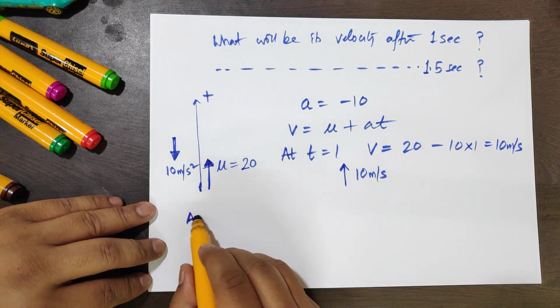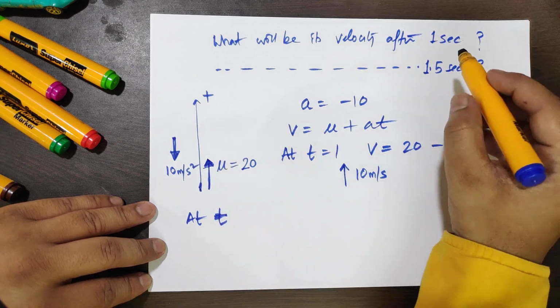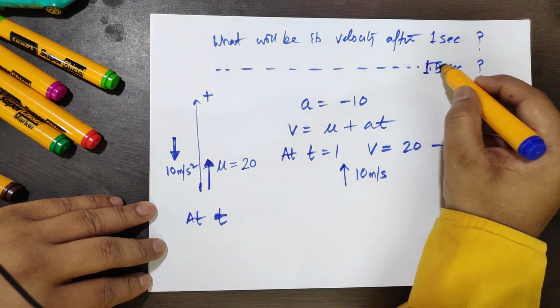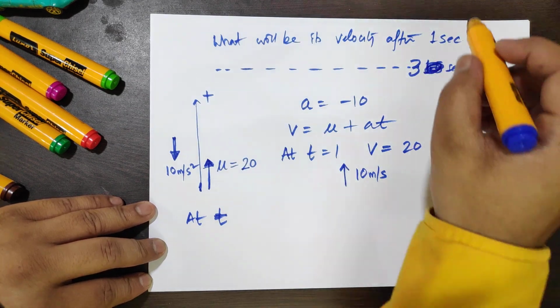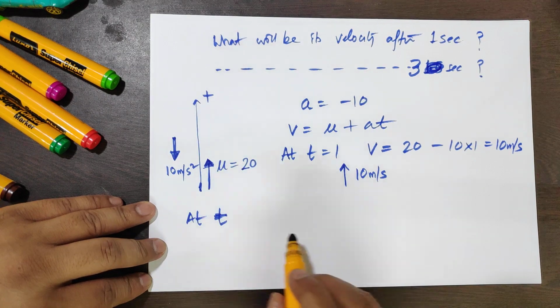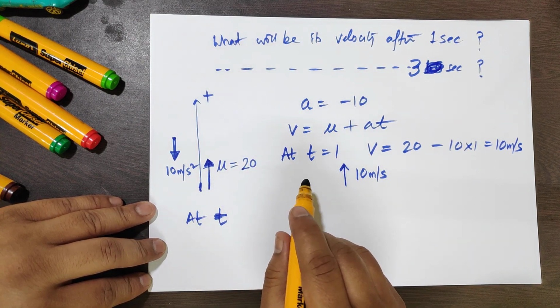right? Now at t equal to, okay, 1.5 will not do, we'll do at 3 second, because already at 2 second it was at the topmost point. Momentary rest means the topmost point.